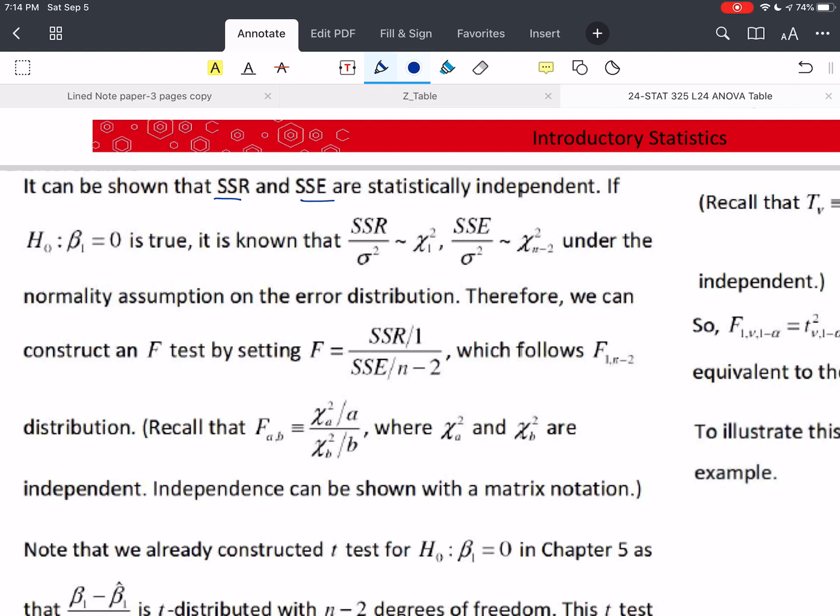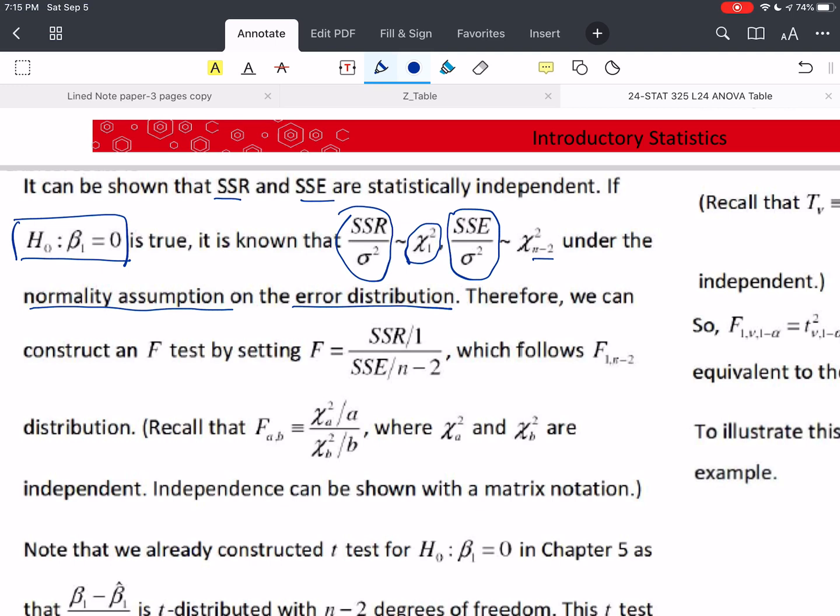And if we're testing that beta 1 is equal to 0, and if that's true, under the null hypothesis, then SSR over sigma squared has a chi-squared distribution with 1 degree of freedom, and SSE over sigma squared has a chi-squared with n minus 2 degrees of freedom. And again, this is under the assumption of normality as far as the error. And we talked about that as an assumption for regression, and so that still has to hold.